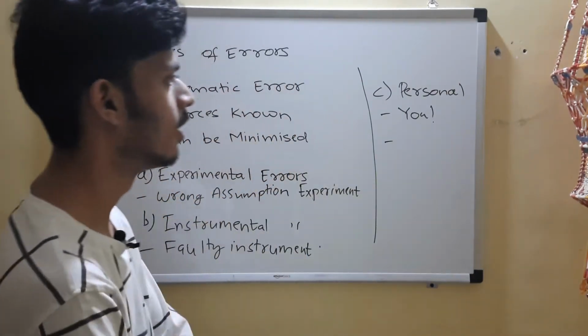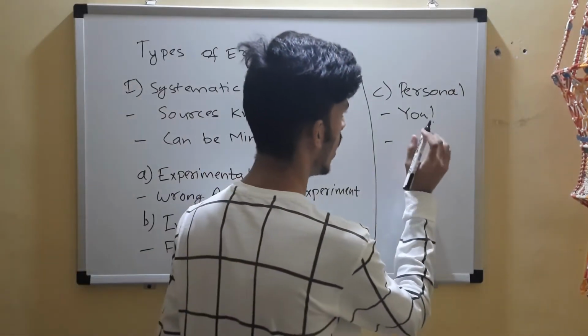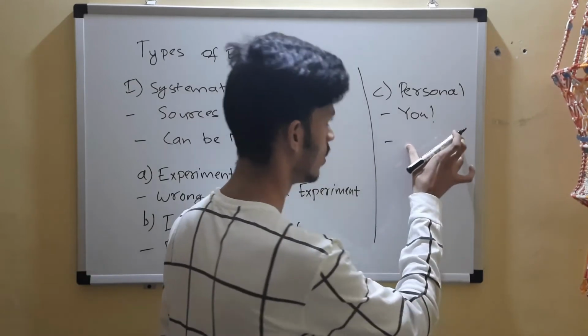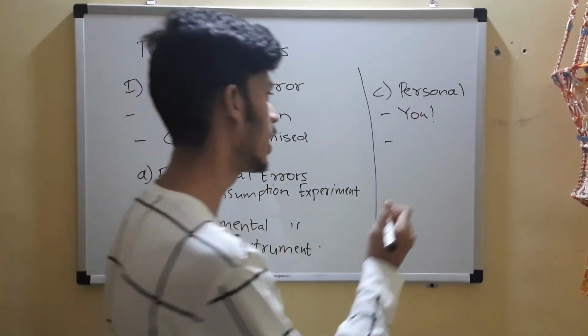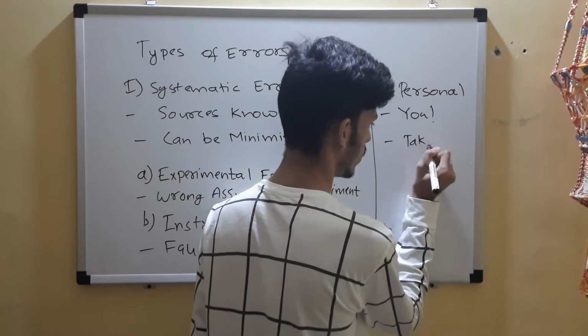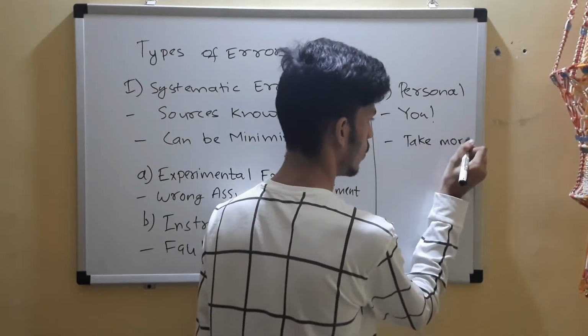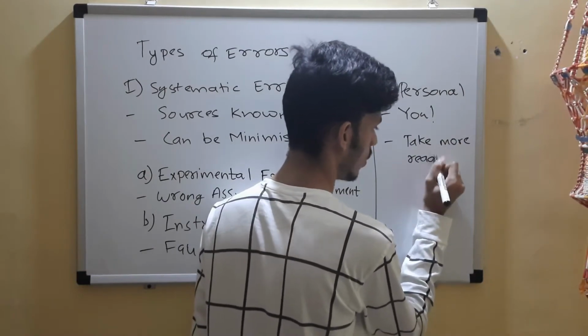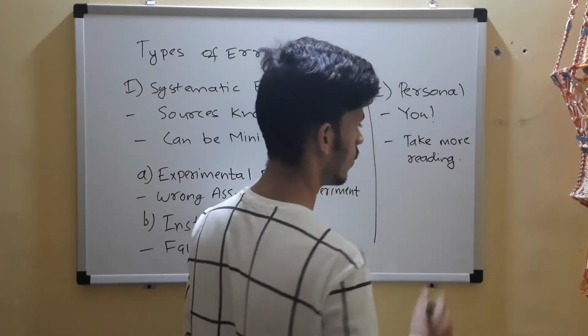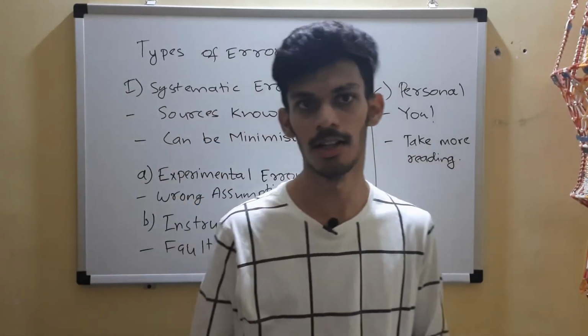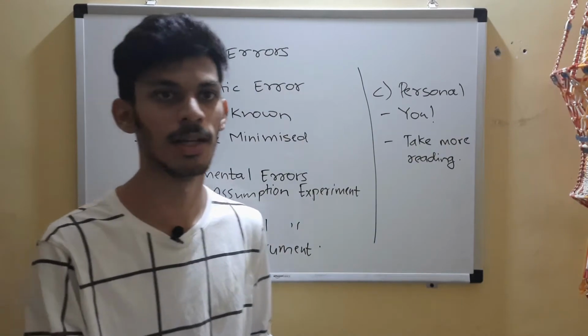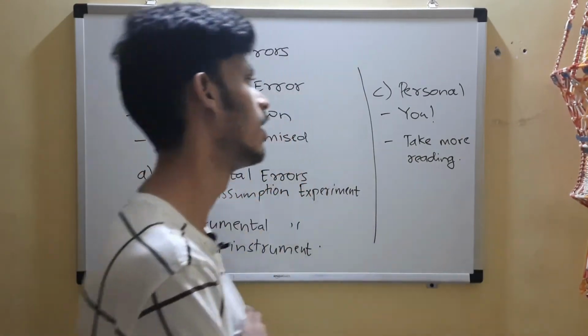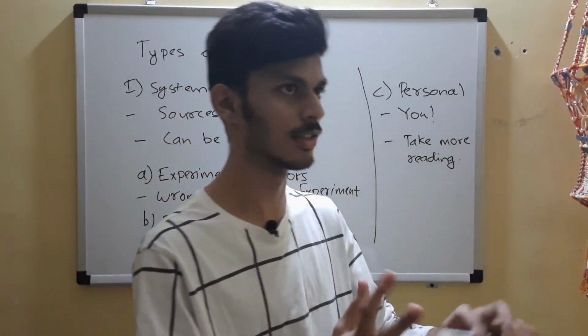How can it be minimized? Take more and more readings. You count or measure the thing, whatever your experiment is, more number of times. You repeat the experiment and take the mean values. That will reduce personal errors.